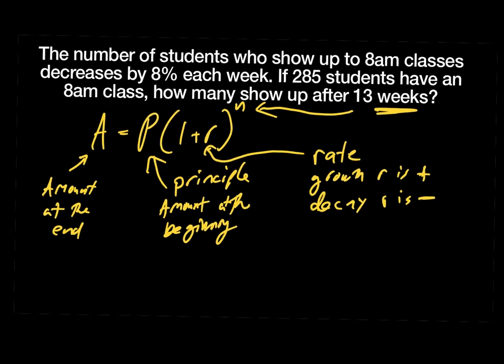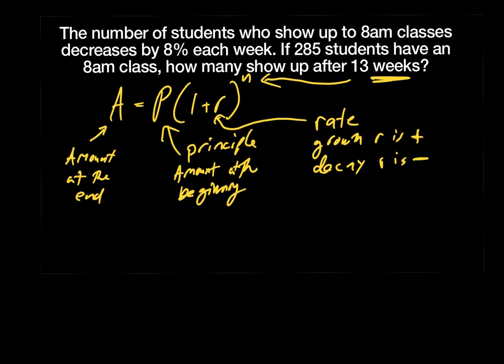So now we've got the formula figured out, and now we have to put in numbers. Do we know the ending amount? No, that's what we're looking for, so that will be A. Do we know the principal, the starting amount? 285.